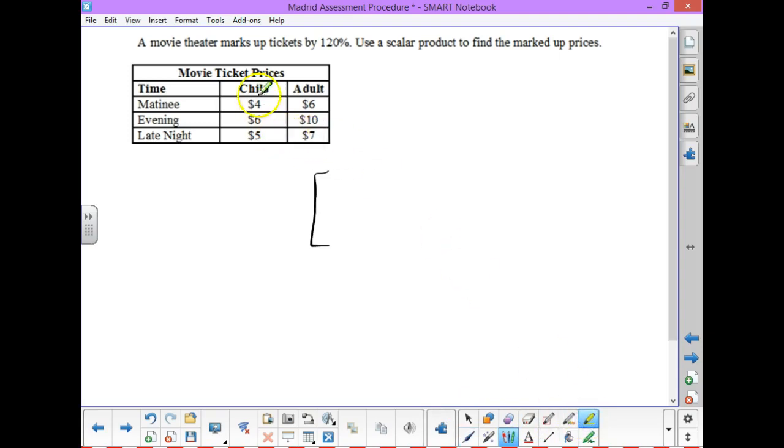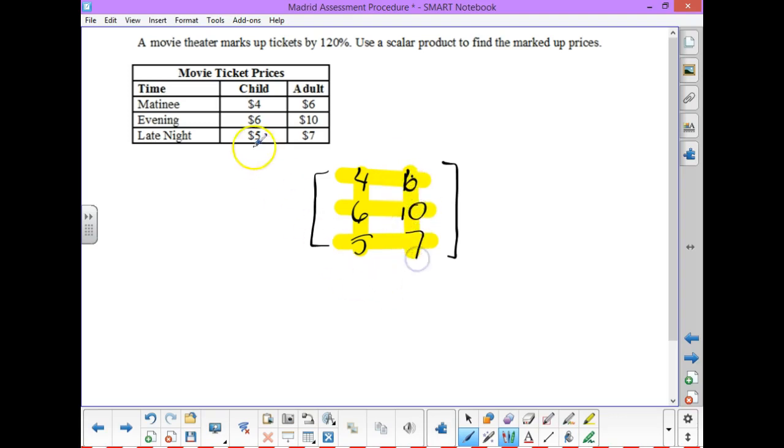Notice we have 2 columns, and 3 rows. Next, I'm just going to enter these values: 4, 6, 5, 6, 10, 7. So I've taken this data and entered it into a matrix.